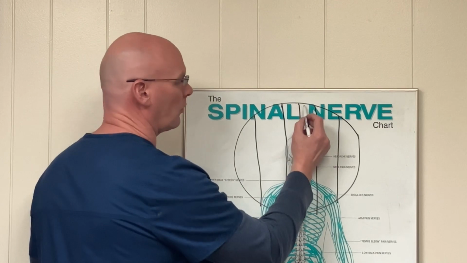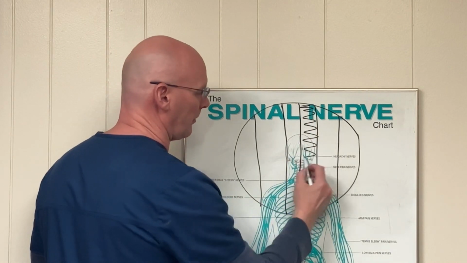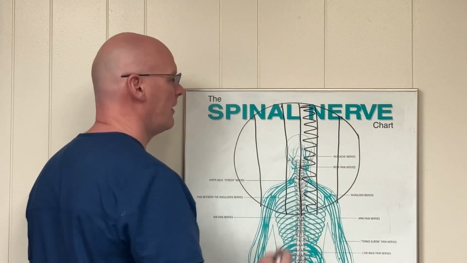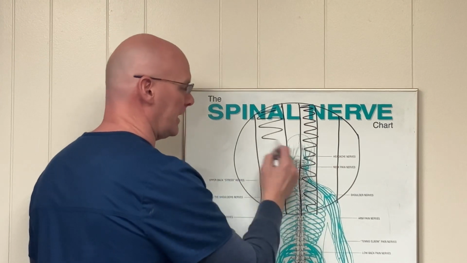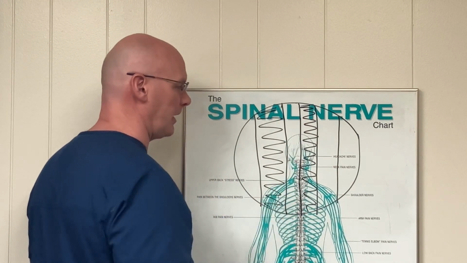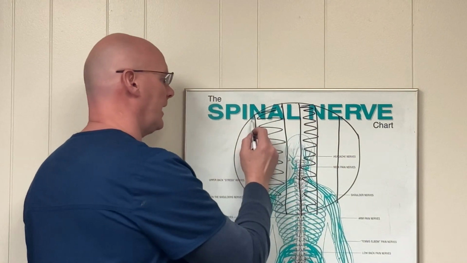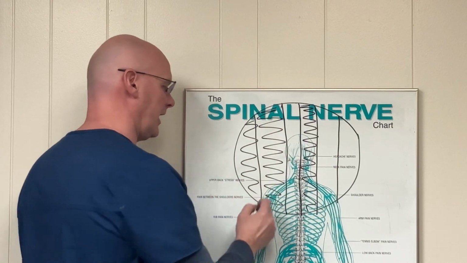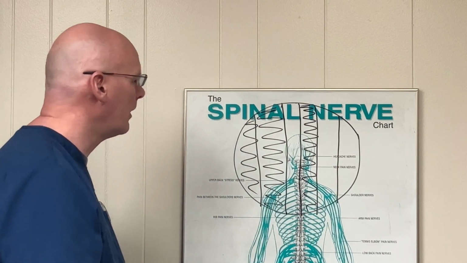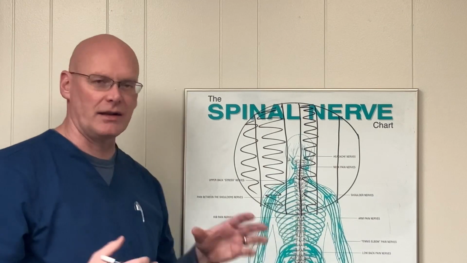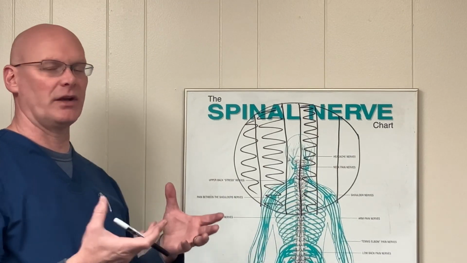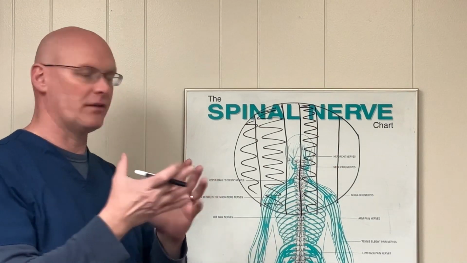So we found her right medial portion of her cerebellum had a deficit. Her left intermediate portion of the cerebellum had a deficit, and the left lateral portion had a deficit. And that was creating a situation where she would get the vertigo when she would turn her head to the right.